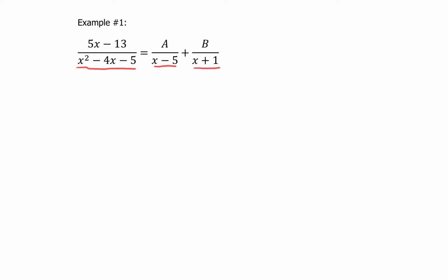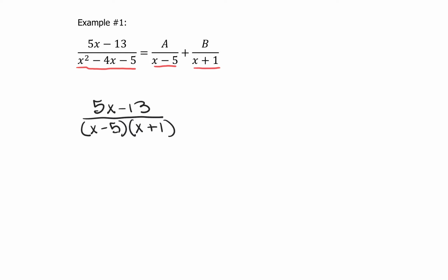So what we're thinking about is that this here, 5x minus 13 over, we'll just factor that, x minus 5, and my factor x plus 1. This is essentially my sum. You want to think of this as, this was the answer to one of these questions that we had in P.6. And the question is, well, what did we add up to get that as a final answer?